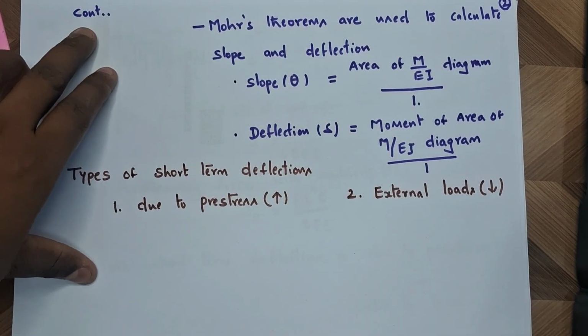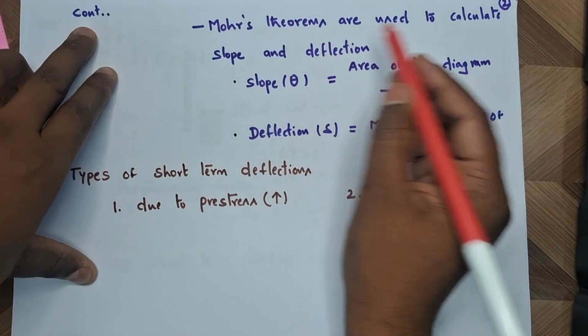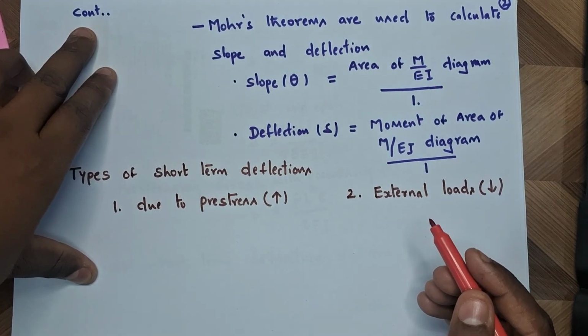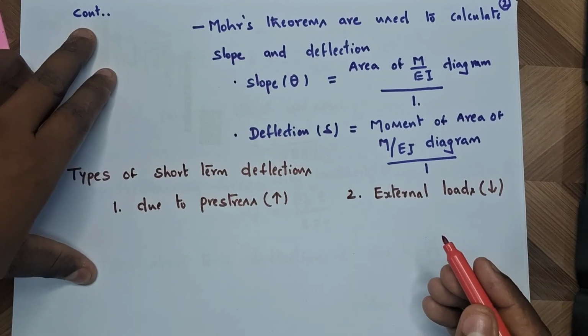Generally we use Mohr's theorems to calculate slope and deflections of prestressed sections as well.